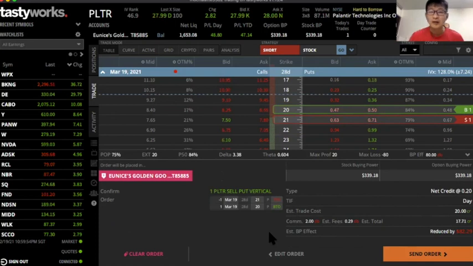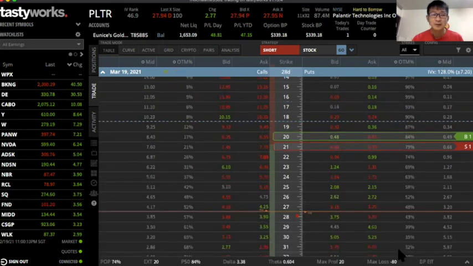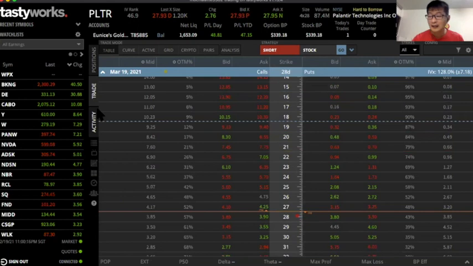Usually the trade we are looking for is 15% and above. So this trade gives us 25%. So to me, I will take this trade for Palantir, giving it another 28 days, and I'll send this position to collect 20 cents.